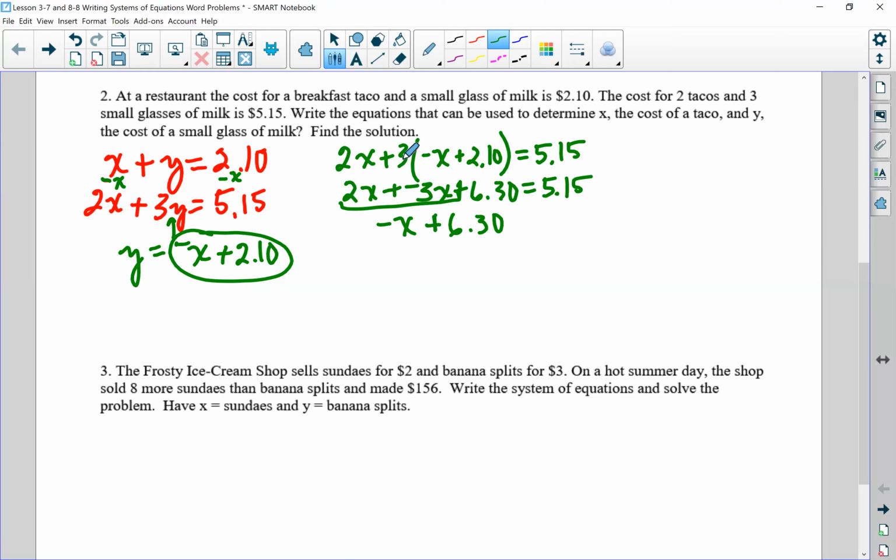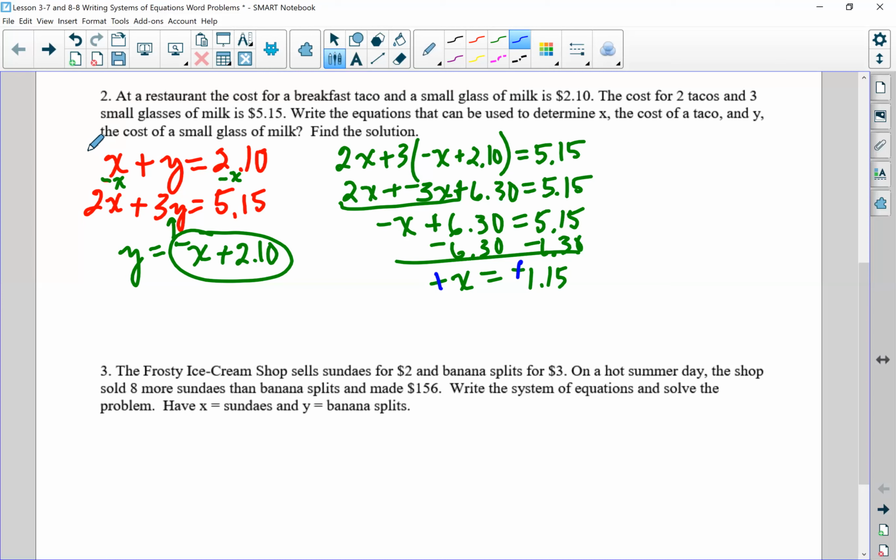It should be plus 3 times 2.1. It is definitely a positive 630. And that equals 515. I subtract 630 from each side, and I end up with negative x equals negative $1.15. When I have both of them being negative, I can just change them to positive. So my taco is going to be $1.15.